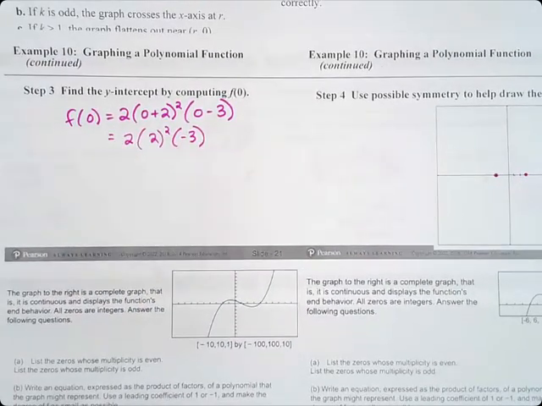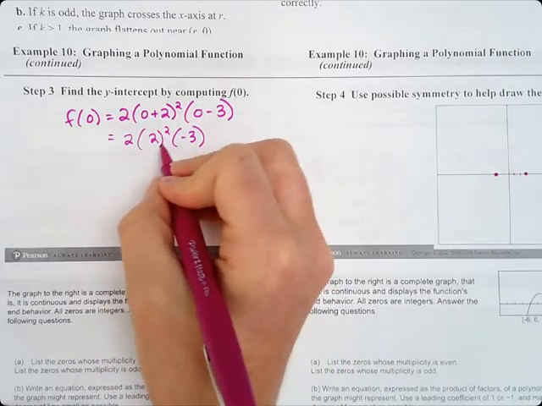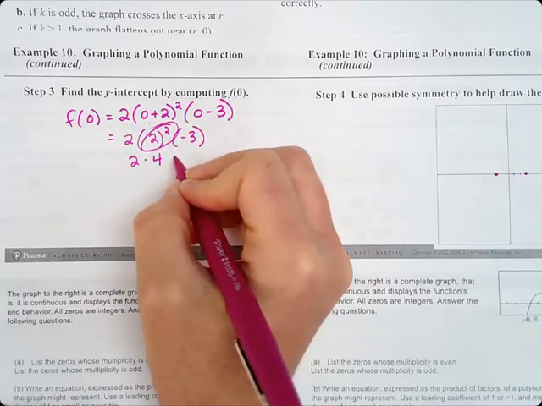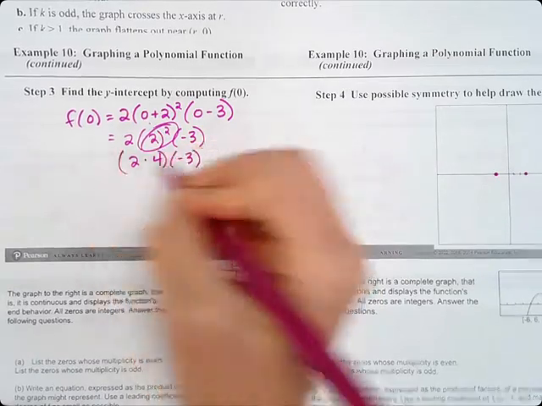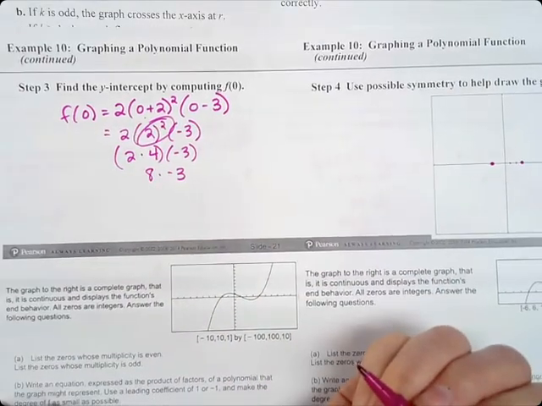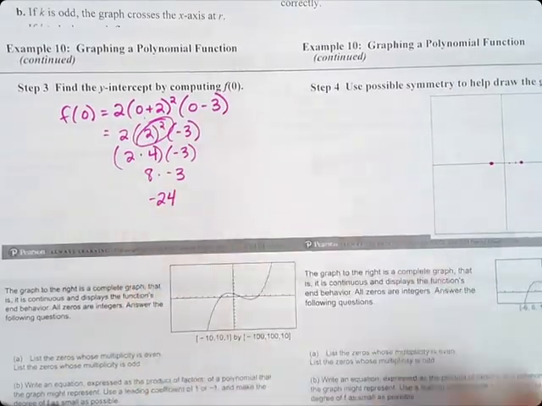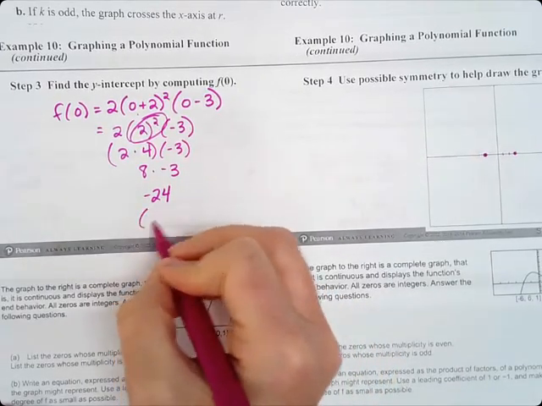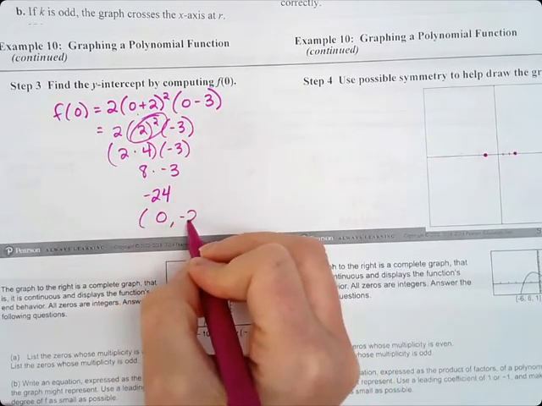So that'd be 2 times 2 squared times a -3. So you do the square first, so that'd be a 4. 2 times 4 times a -3, which is 8 times a -3, which gets us -24. So my y-intercept is 0, -24.